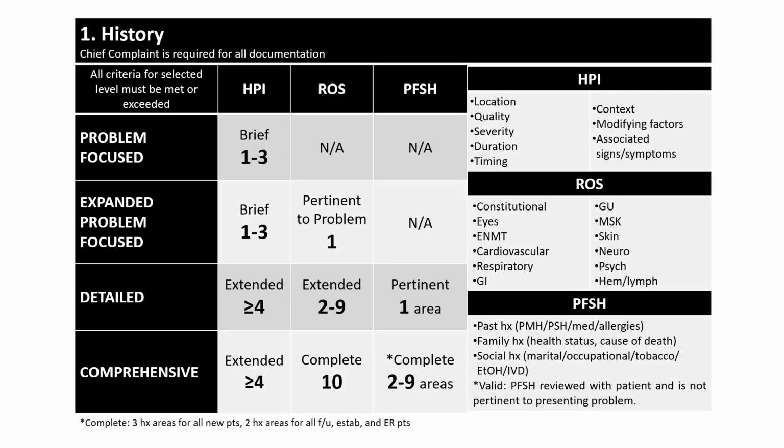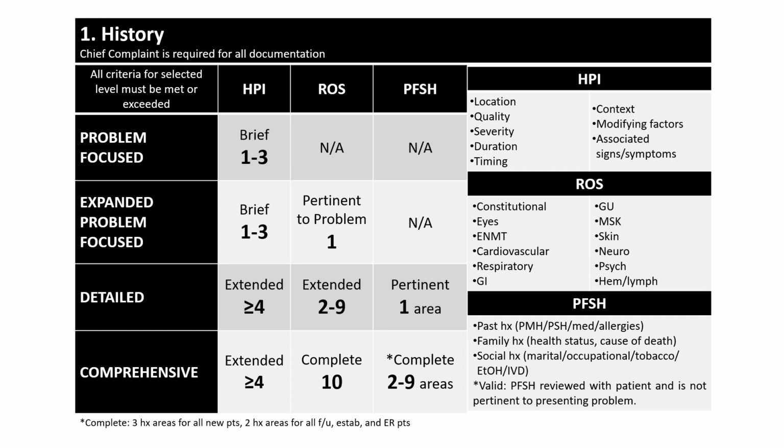Now we're going to talk about history. When it comes to history, there are 4 levels: problem focused, expanded problem focused, detailed, and comprehensive. The components that go into history are HPI, review of systems, and PFSH, which is past medical, family, social history.